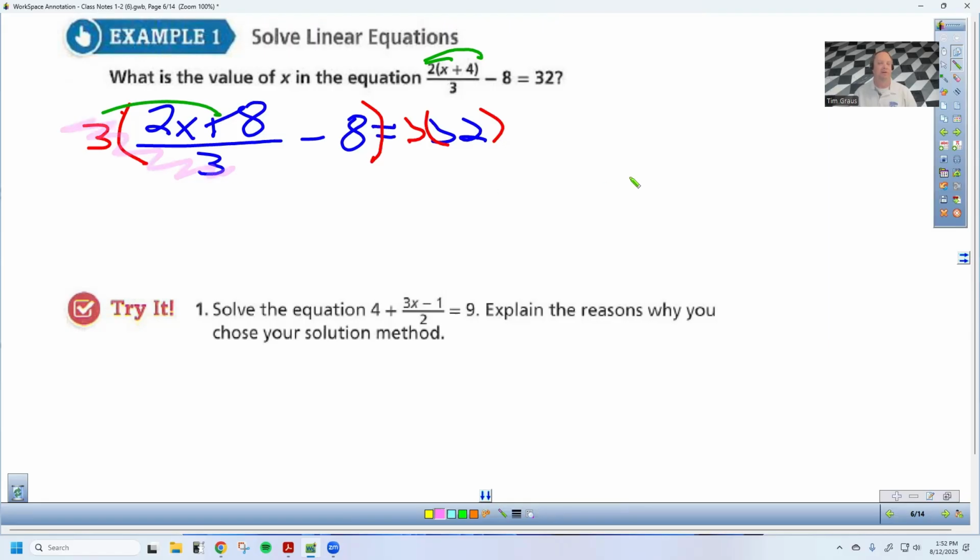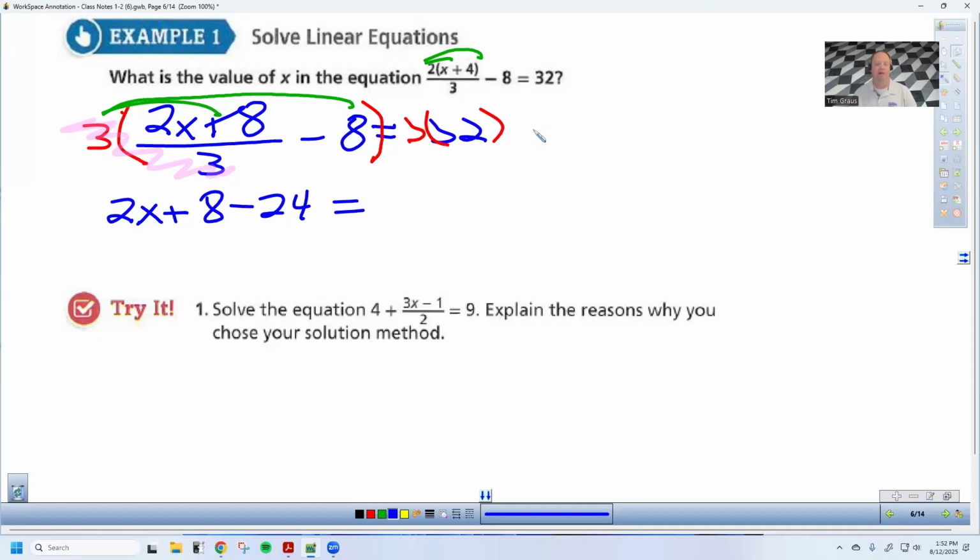In my classes, I talk about how these things kind of Candy Crush away. It's like lining up just the right things on Candy Crush, and they just go away. So the 3 and the 3 cancel out, leaving just the numerator 2x plus 8. Now, the distributive property also tells me I have to multiply that 3 times the negative 8, and that gives me negative 24.